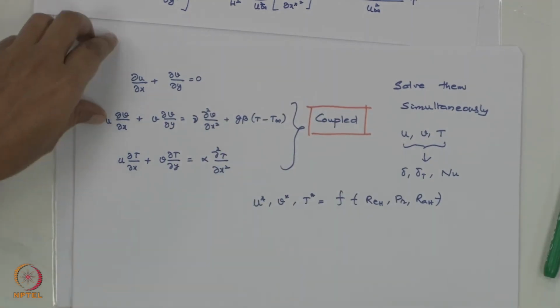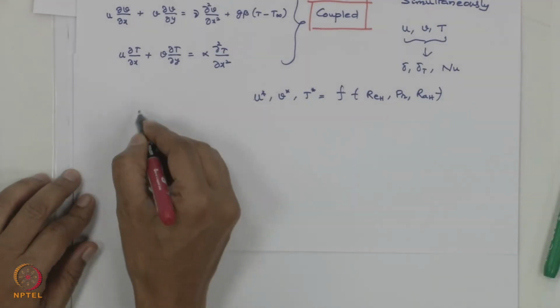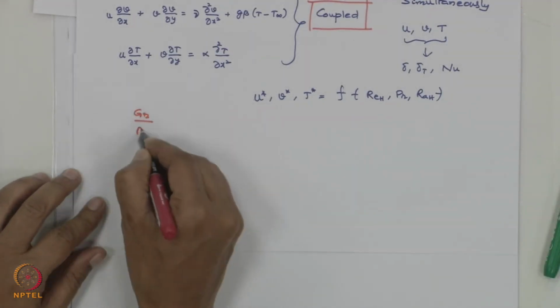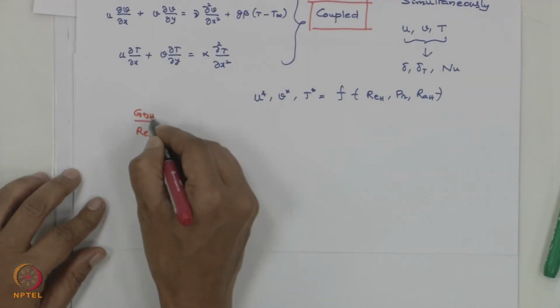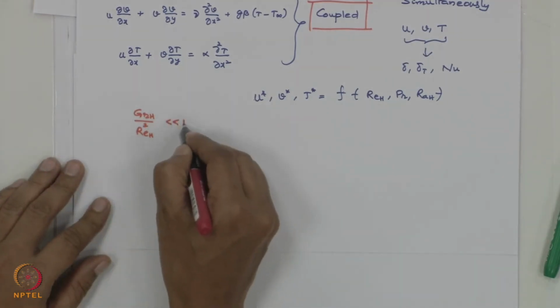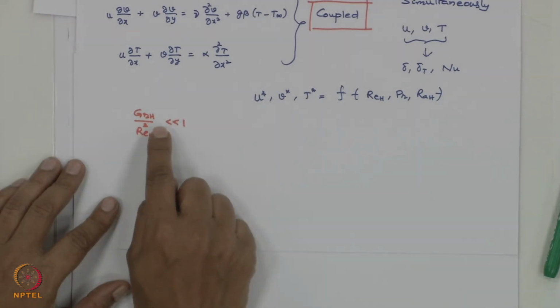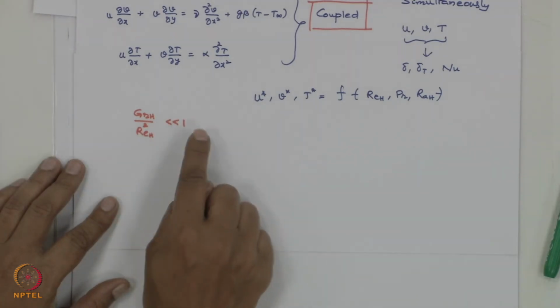But now let us understand the physical significance of Gr by Re squared. If Gr by Re squared is very much less than 1, that means what? Grashof number is less than Reynolds number.